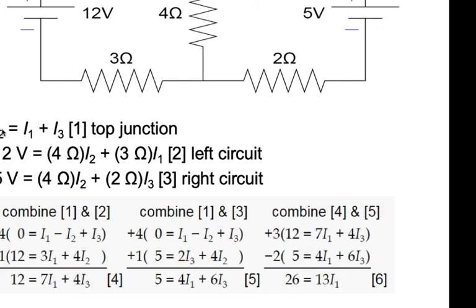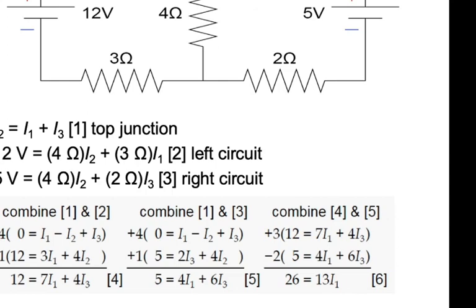So when they combined this, which is equation 1, and this, equation 2, they're just writing them all out, and they're trying to get rid of the I2. So since there was 4 I2 here and a negative here, they're multiplying everything up top by 4, adding them together. So the bottom stayed as is, 12, and then we got 4 I1 plus 3, 7. I2 cancels, that was our goal of this combination, and 4 I3.